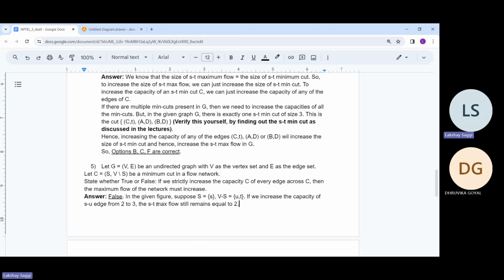That's why this is a counterexample, and so the capacity does not increase. So the max flow does not increase. Hence the given statement is false.